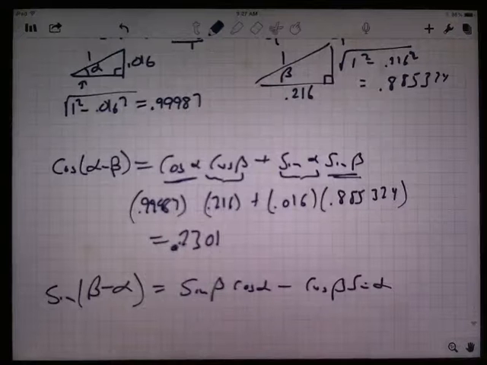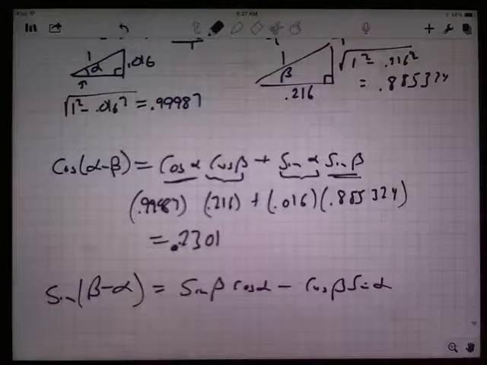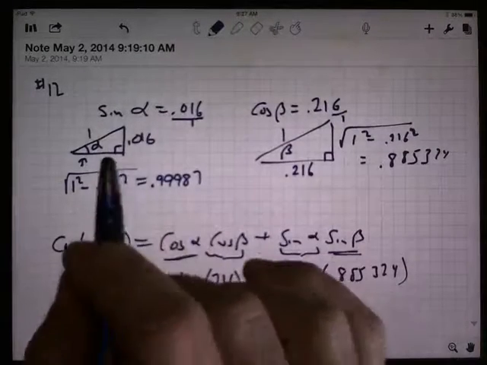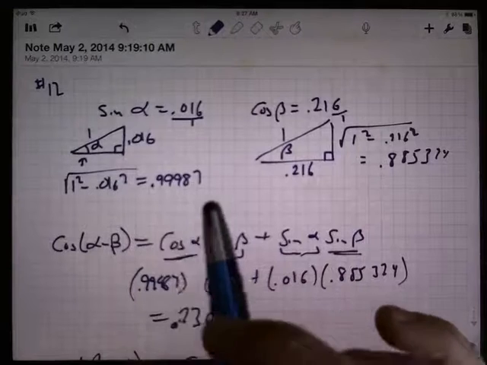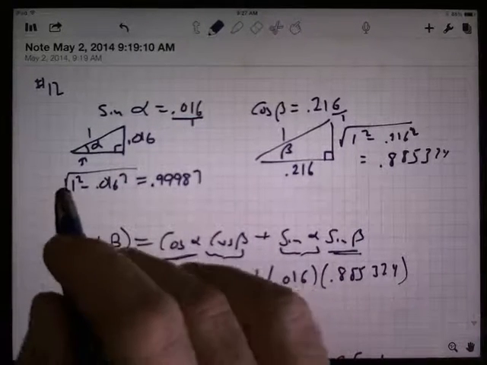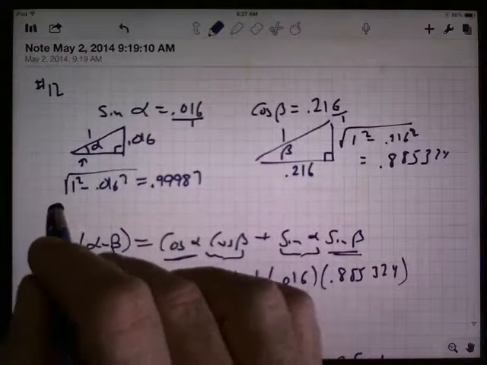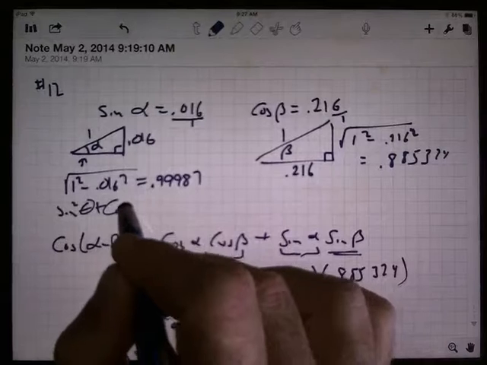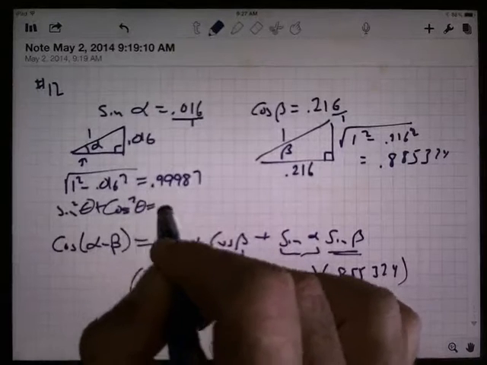If they tell you one trig function of an angle, you should be able to find all of them. Now, one more thing. I do this generally geometrically, drawing the picture. But you could do it algebraically, if you realize that the sine squared theta plus cosine squared theta equals 1.